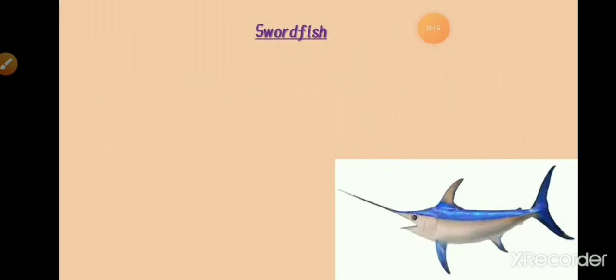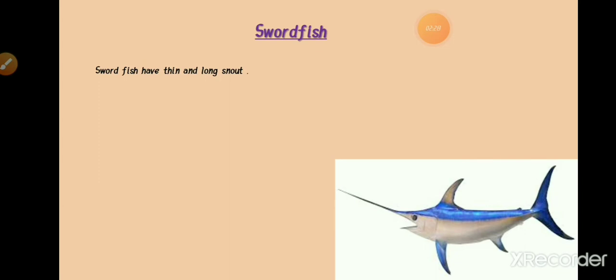Children, here you can see one more fish, and its color is blue and silver. It looks very beautiful, but one thing is very different in this fish. You can see a very long snout. It is very sharp also, and it looks like a sword. Sword means talwar. So its name is swordfish.